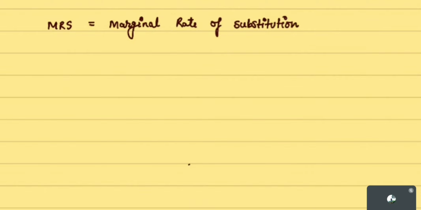In our case, we have a two-dimensional expression, so we have two goods, good X and good Y. So here your MRS will be MRS XY. That means marginal rate of substitution for good X of good Y.